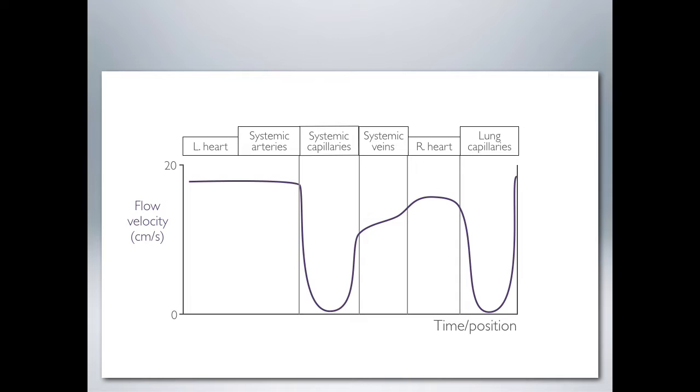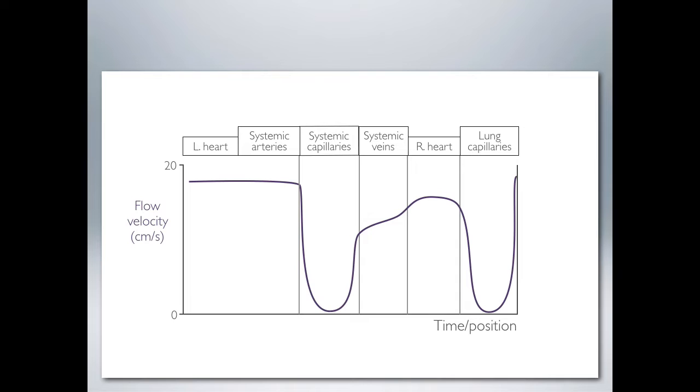So this is a very physiologically convenient feature because at the sites of exchange, that is the systemic capillaries and then the pulmonary capillaries, you want the blood to flow slowly, because it gives more opportunity for exchange, gas exchange for example. You want the residence time to be longer, and if you have a capillary of finite length, then that's achieved by having a slower velocity.